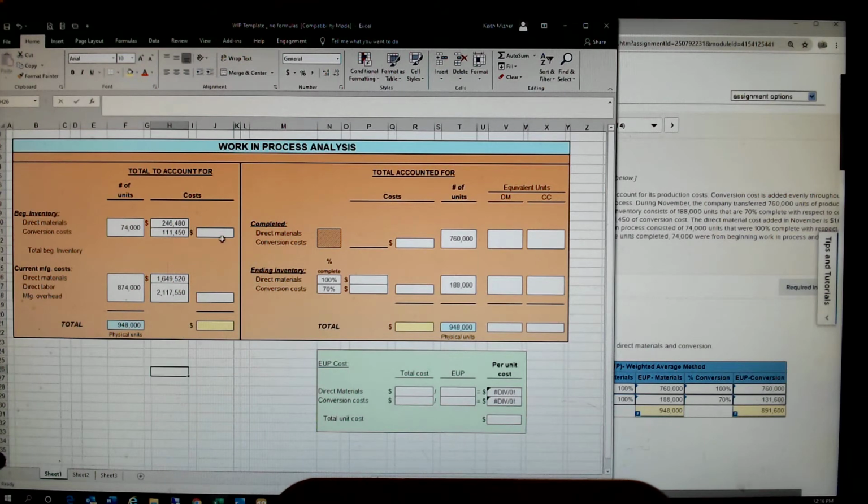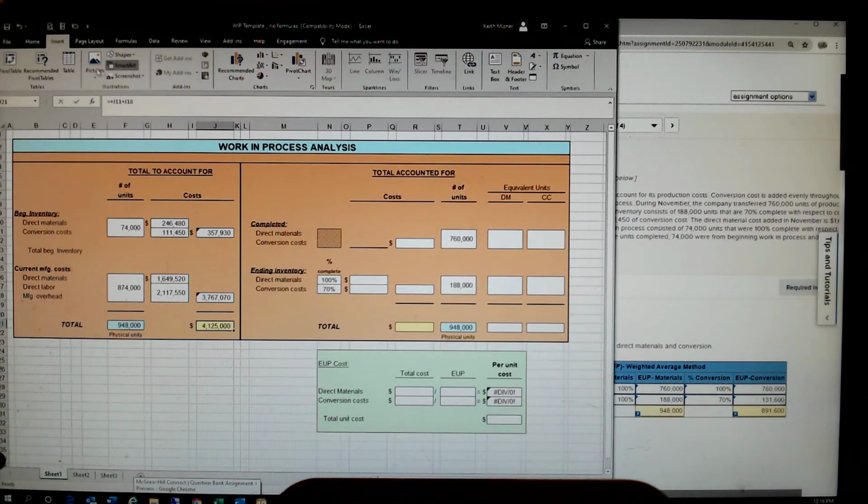Okay, so I'm going to add these guys. Beginning inventory was a total cost of 357,930. Total conversion costs added during the period were 367,070. For a grand total of $4,125,000.